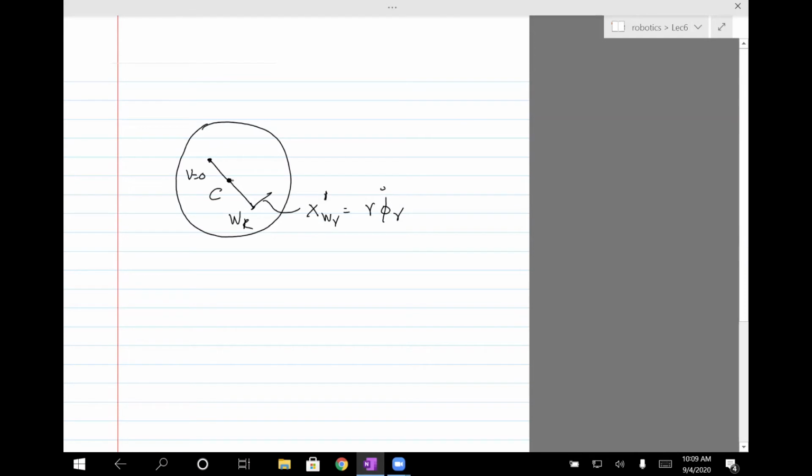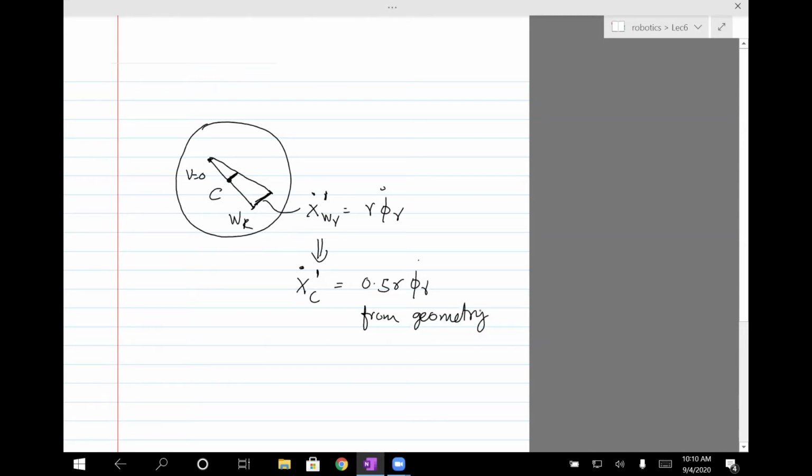So then the question is, what's the velocity of point C? You can see just from this drawing that the distance moved by C is actually going to be half the distance, or half the velocity, of this point. So from this, we can write x C1 dot equals 0.5 r phi r dot from geometry.